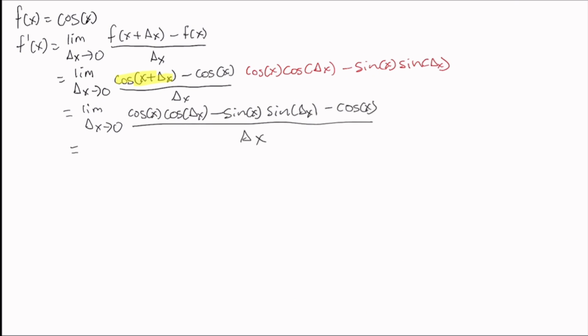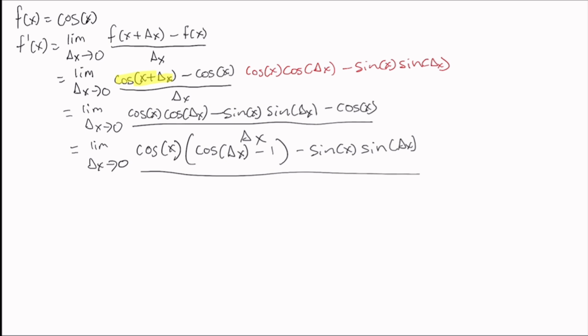So again, just like we did with the derivative for sine, we just want to factor out a cosine of x. So we can do the limit as delta x approaches 0 of cosine of x times cosine of delta x minus 1, minus sine of x, sine of delta x, all over delta x.